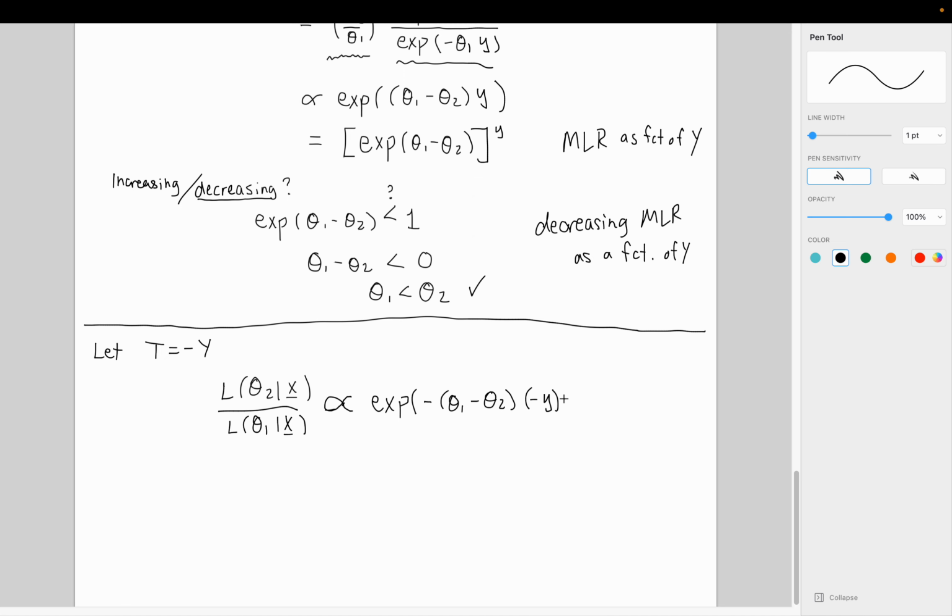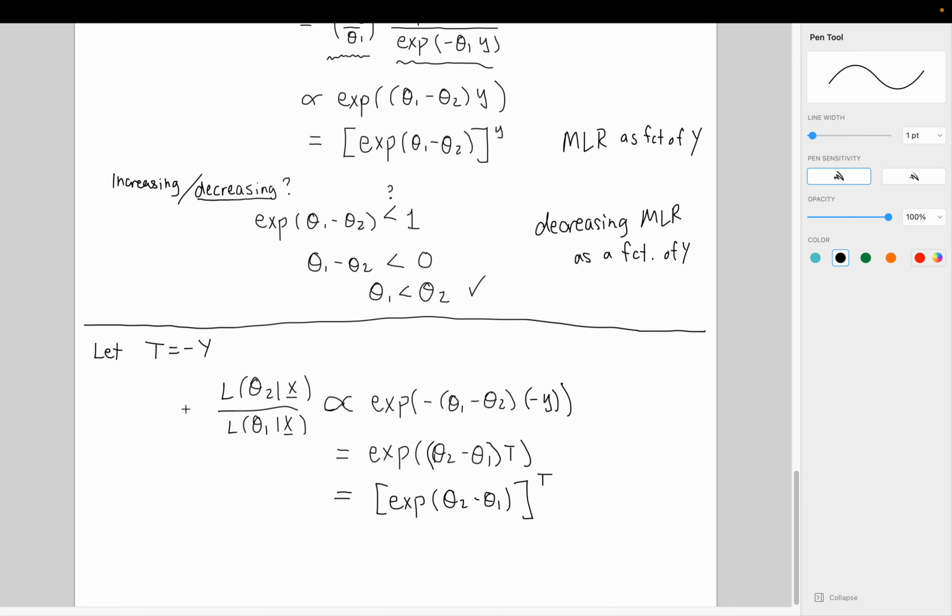So I just multiplied it by negative 1 times negative 1. This is equal to e to the power of (theta 2 minus theta 1) times t, which is equal to e to the power of (theta 2 minus theta 1), all to the power of t.